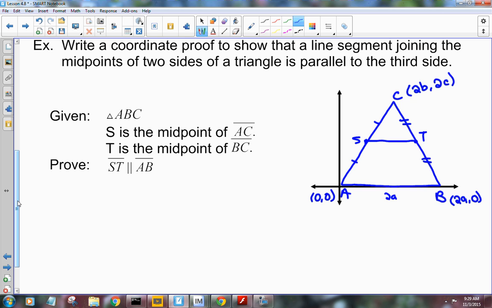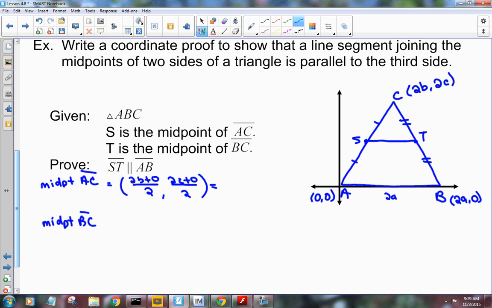And I want to find the midpoint of BC as well. So for AC, do 2b plus 0 divided by 2, and 2c plus 0 divided by 2.